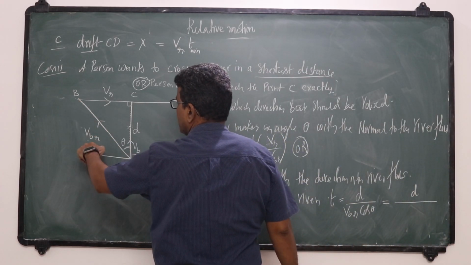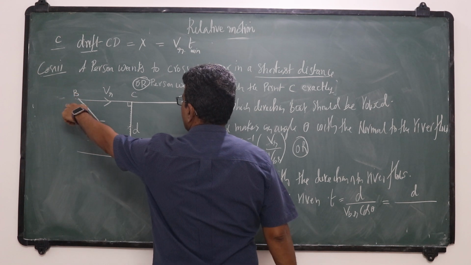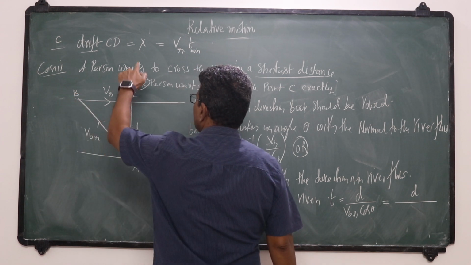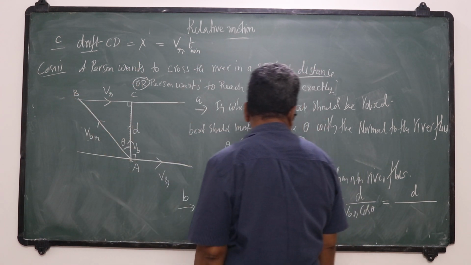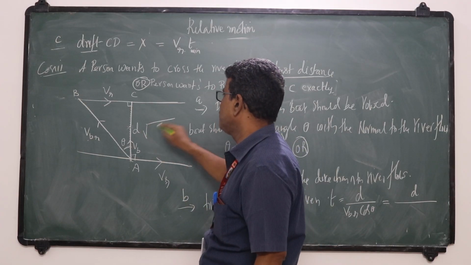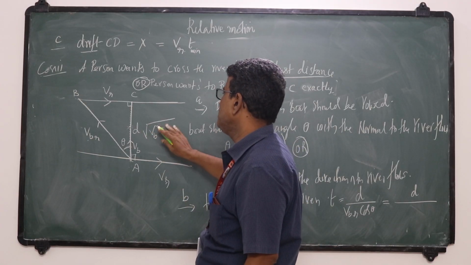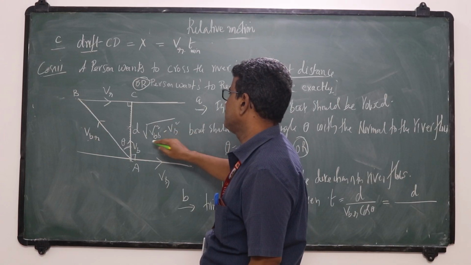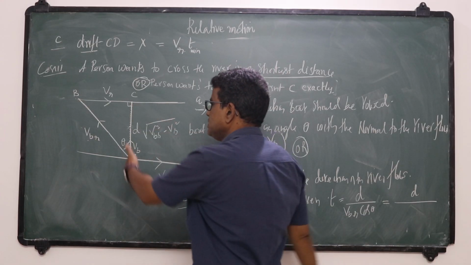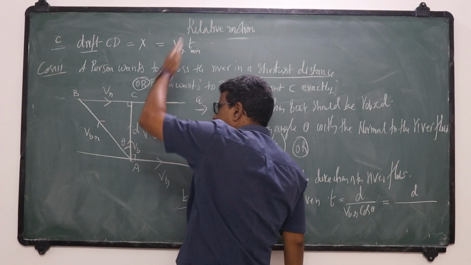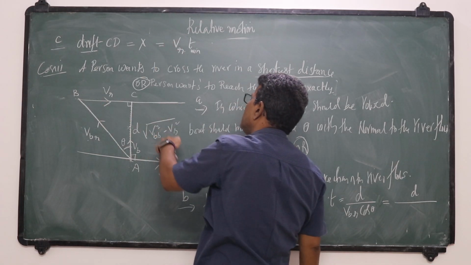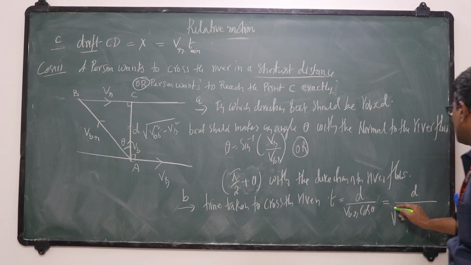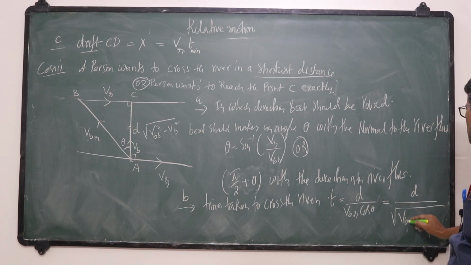If in still water the boat should be rowed in this direction, and VR is in this direction, then what is the velocity in this direction? It is the square root of VBR square minus VR square. If this is VBR and VR, then the velocity component in this direction is the square root of VBR square minus VR square.